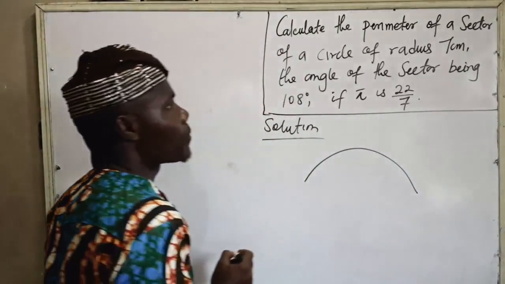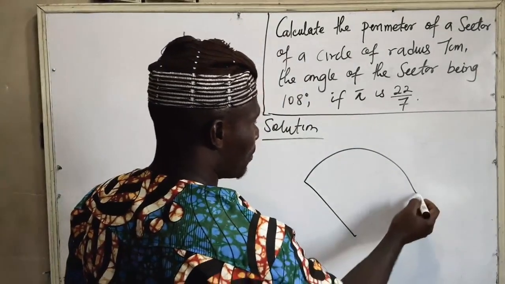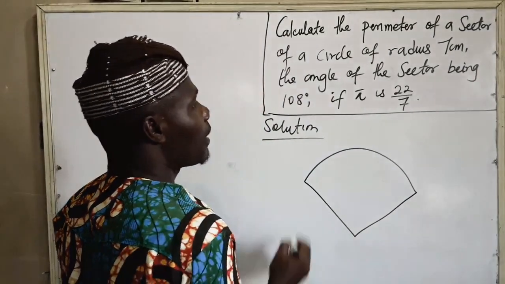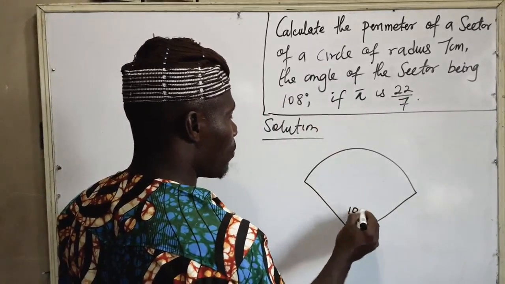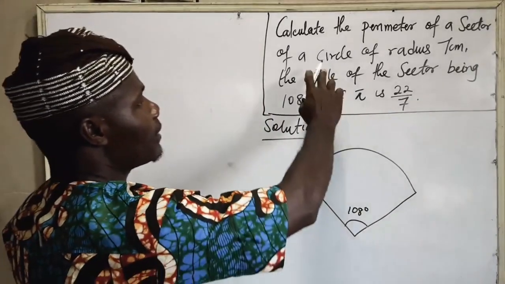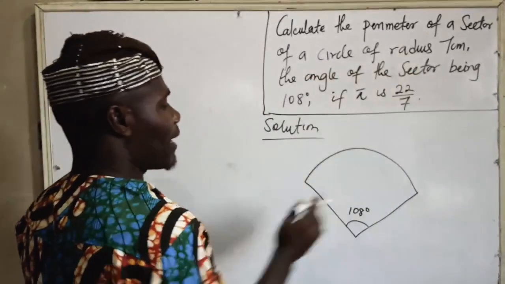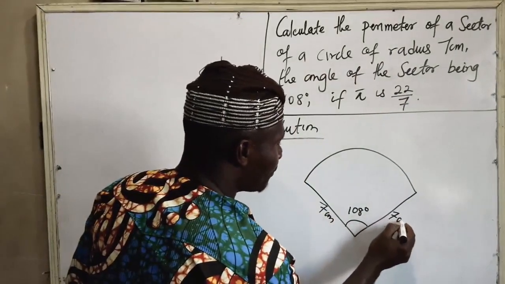This is a sector, and it possesses an angle of 108 degrees. And it said the radius of the sector is 7 centimeters.